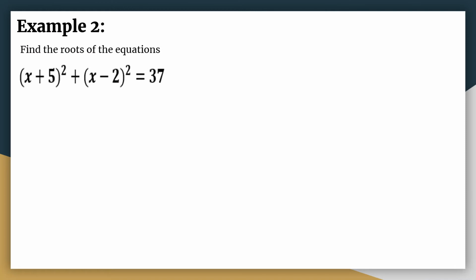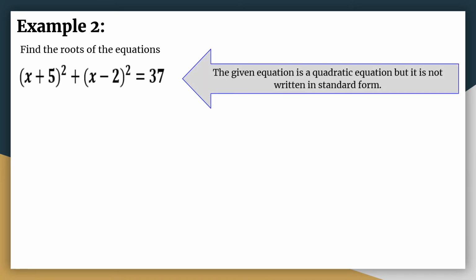Next, we have here the square of the binomial (x plus 5) and (x minus 2) squared equals 37. First, we have to simplify the square binomials. So if we're going to simplify the square binomial, square first your first term, x times x, that is x squared. Square of your second term, 5 times 5, that is 25.